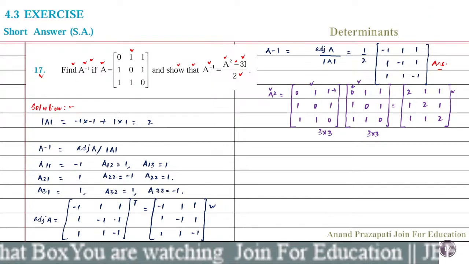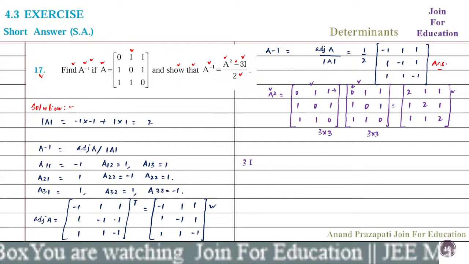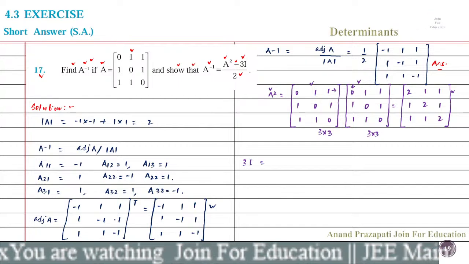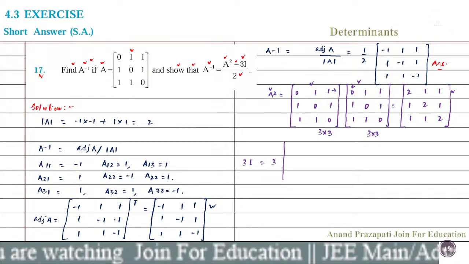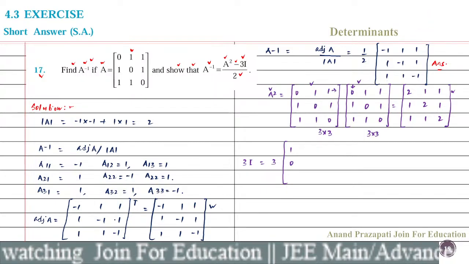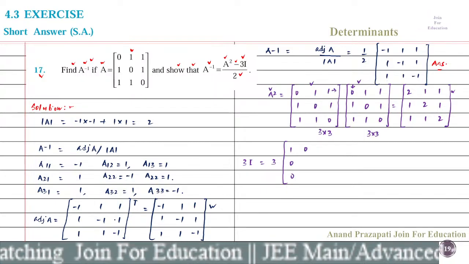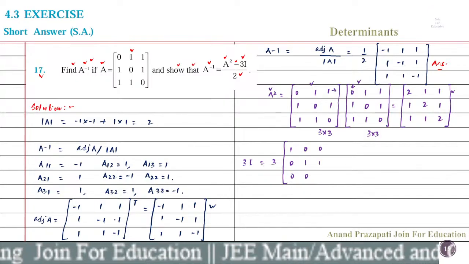Now we find out the value of 3I. So we write down here 3I equal to 3 into identity matrix. It means that 1, 0, 0, 0, 1, 0, 0, 0, and 1.